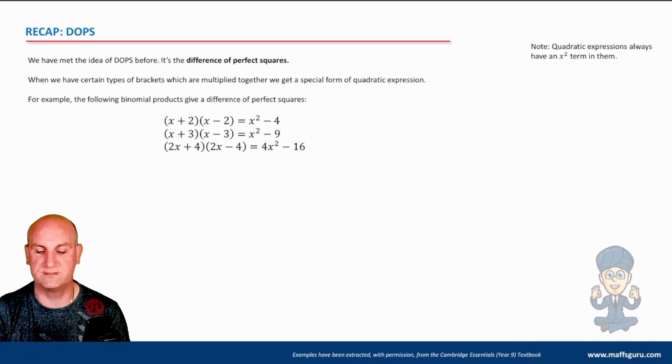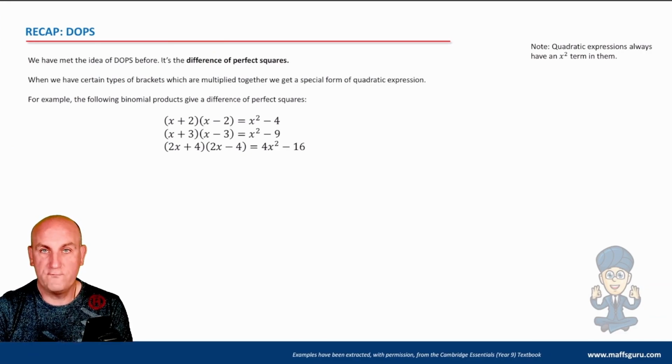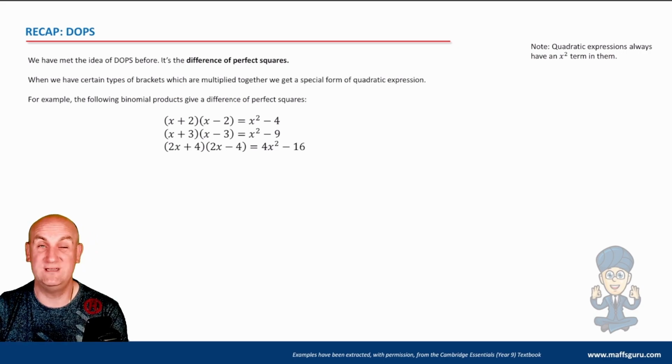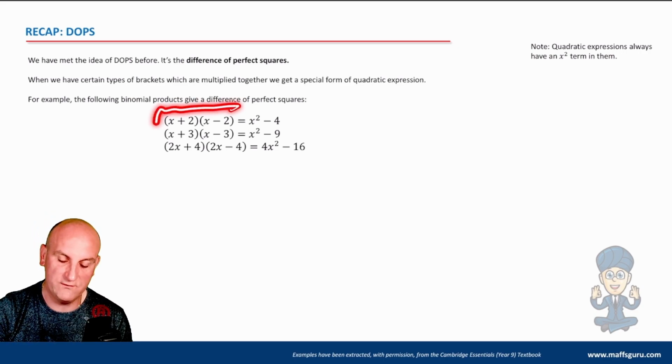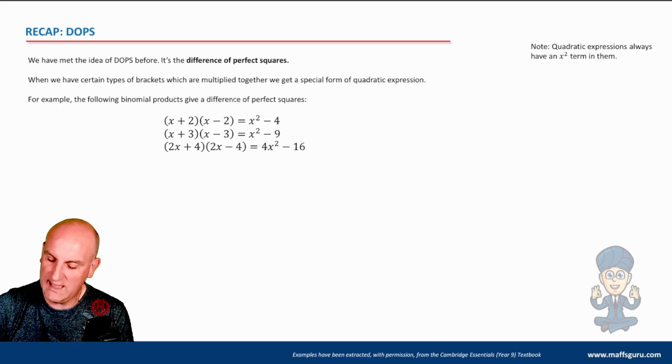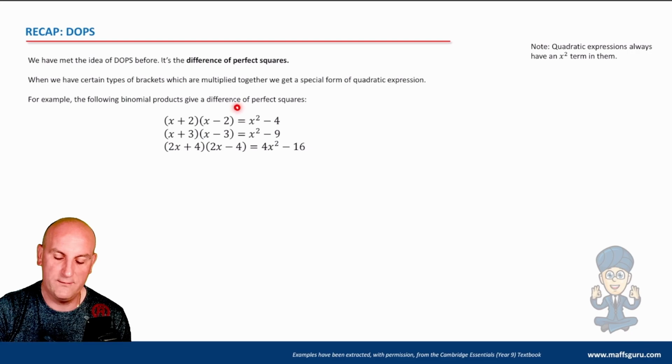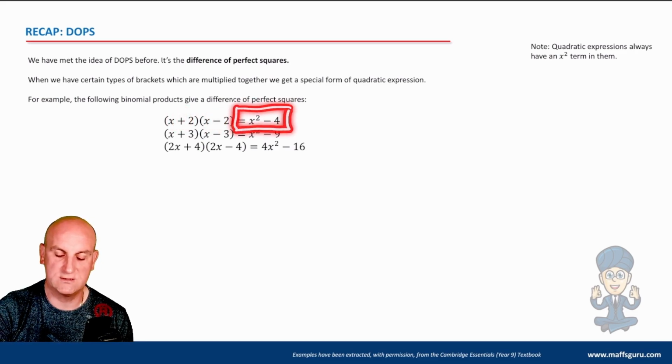Right, so let's recap DOPS, difference of perfect squares. Difference means minus. Perfect squares are numbers that can be written as a power of 2. In a previous video, which you can find at maffsguru.com, we found that when a set of brackets are multiplied by each other, binomial products that start with the same letter, end with the same number, and only differ by a plus and a minus, we end up with a perfect square.